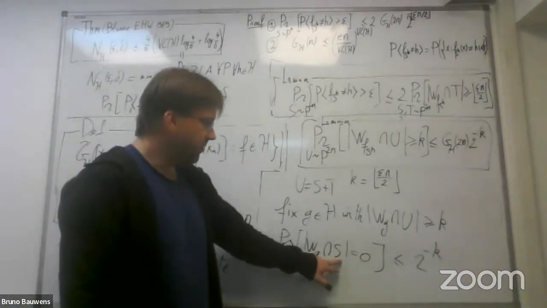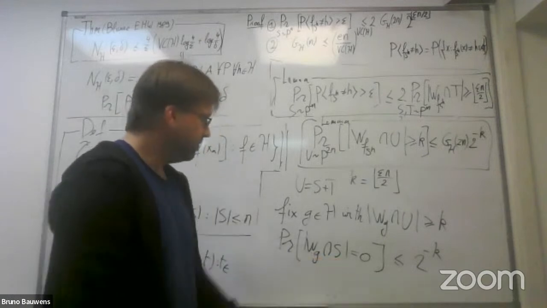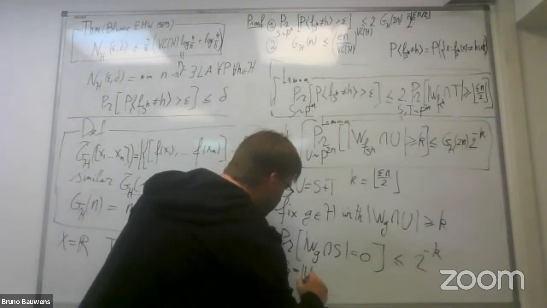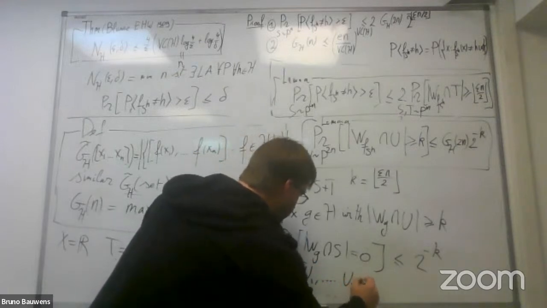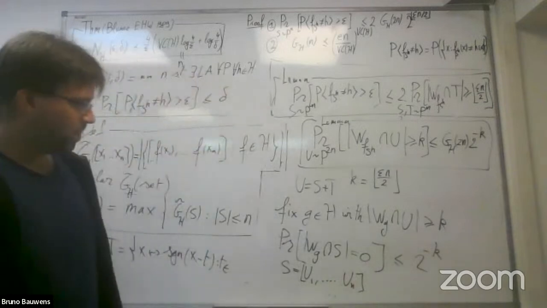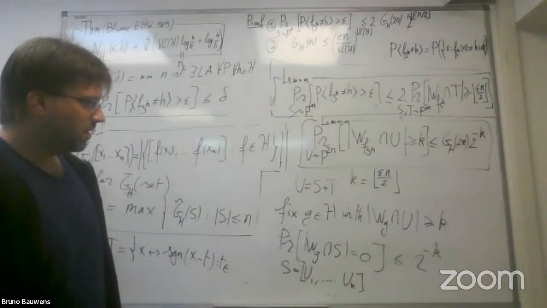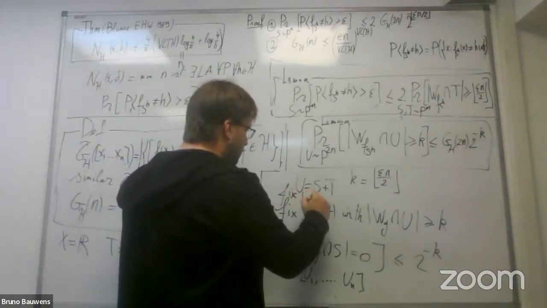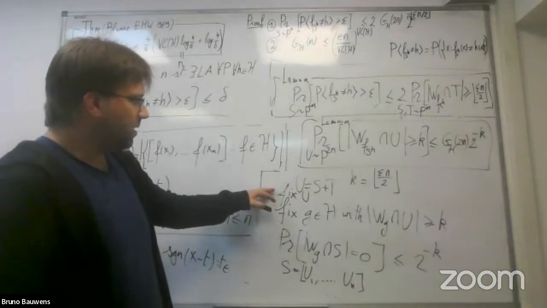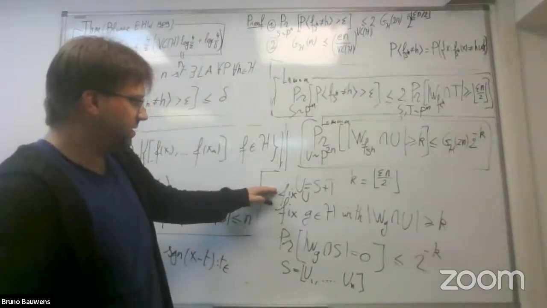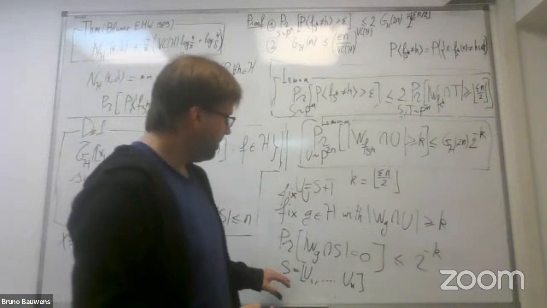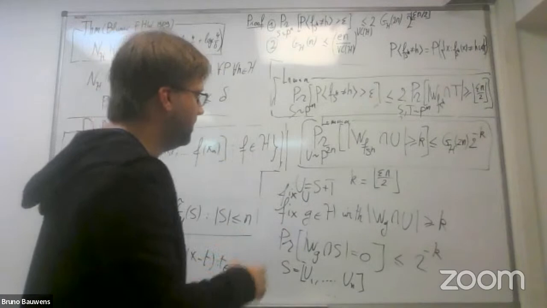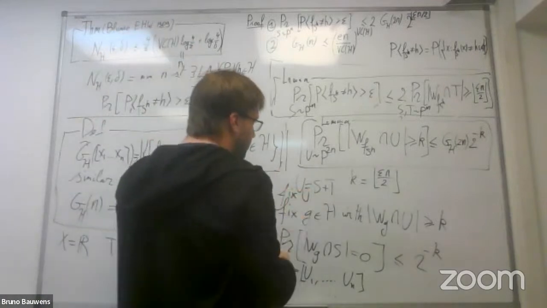So I define S as the first part of U. So S is equal to U1 till UN. Let us fix U, but then randomly permute S and T. Sorry, I didn't explain clearly.